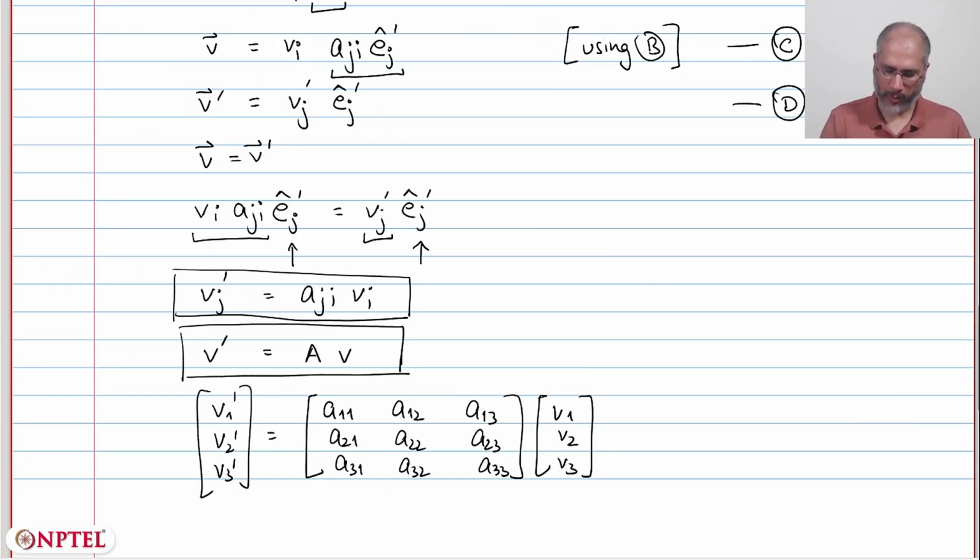If you substitute j equals 2, we have V2 prime as A21 V1 plus A22 V2 plus A23 V3, which is nothing but multiplication of this row with this column. So this works out, just to confirm that we have written the representation correctly in the matrix form.